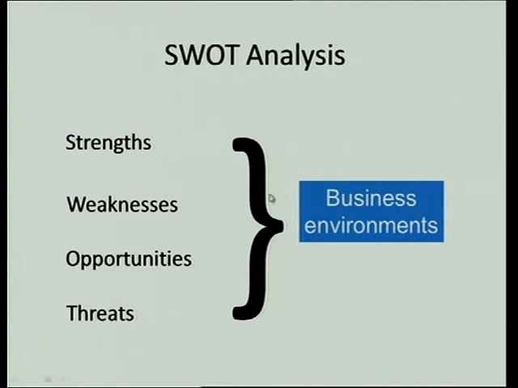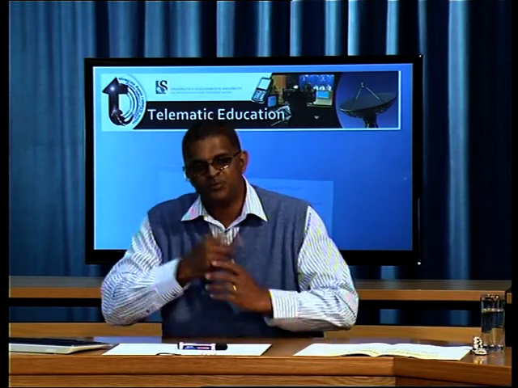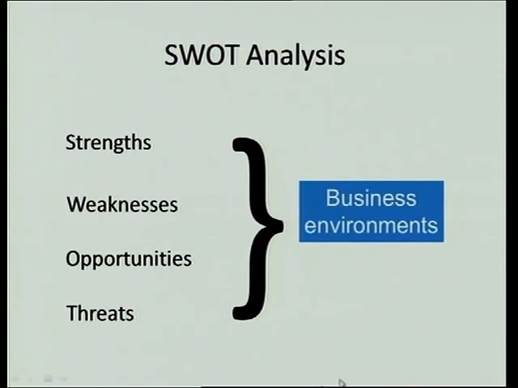Now learners, you should be able to develop or devise a SWOT analysis for the business environments. Now when I say that, immediately you should know that you should be able to develop 3 distinct SWOT analyses. Why do I say that? I say that because you should know that your business environments, and we said it earlier, consist of 3 things.